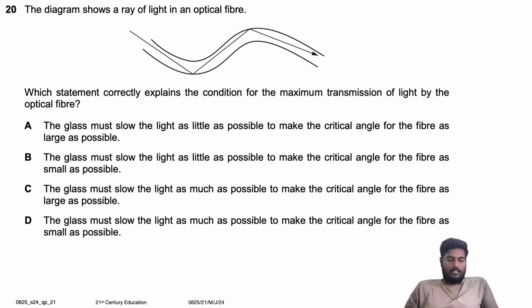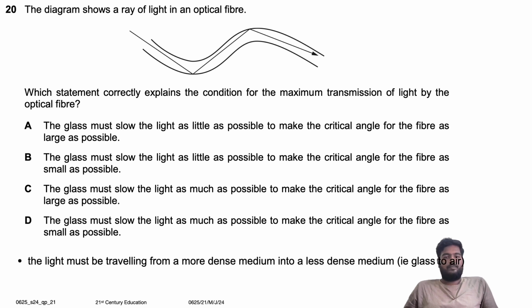It's a little complicated to explain by animation. So the condition is we should have the critical angle as small as possible, because only if it is greater than the critical angle will total internal reflection occur. If we have a very low critical angle, all the rays can pass.